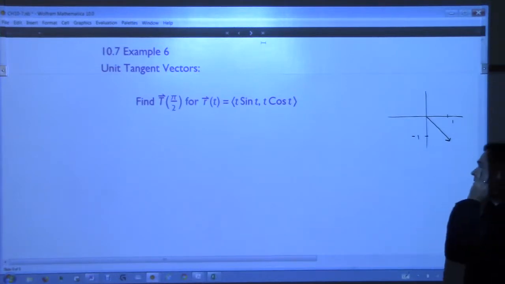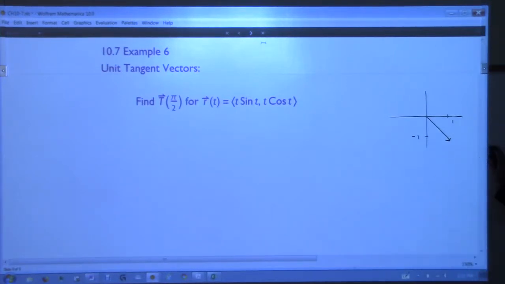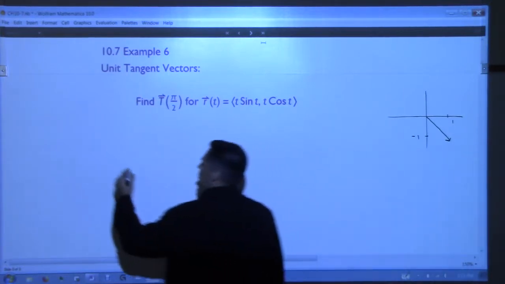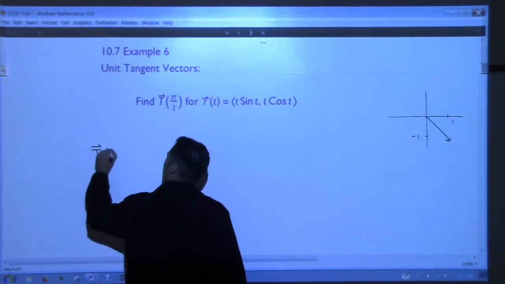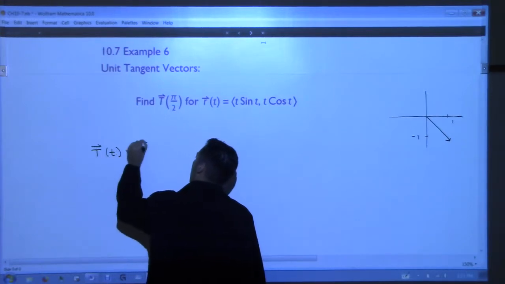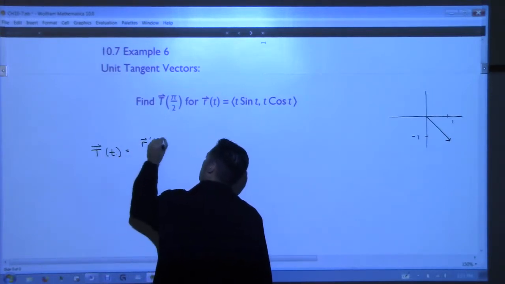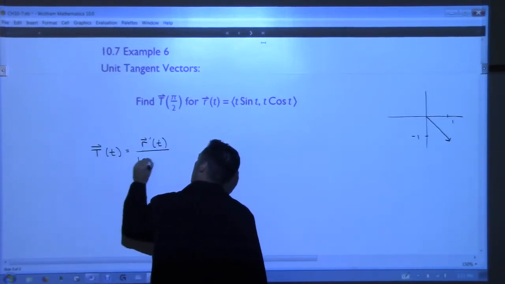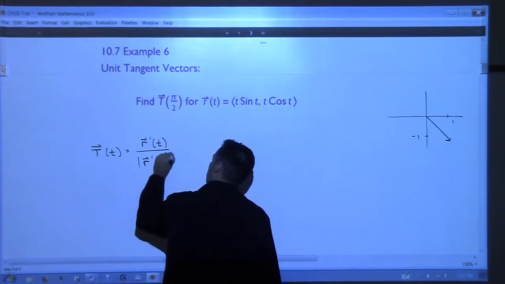So find this. Well, we just did this, didn't we? This capital T of t would be r prime of t over the magnitude of r prime of t. That's the formula.